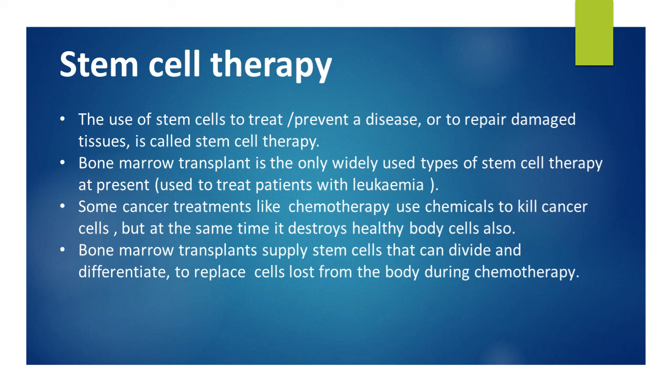But what happens there is, while killing the cancer cells, they also destroy healthy body cells. So the bone marrow transplant can supply stem cells that can divide and differentiate to replace the cells that are lost from the body during those chemotherapies.